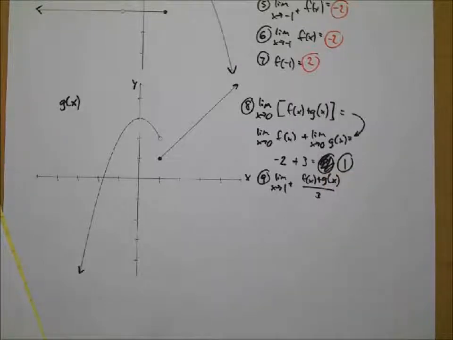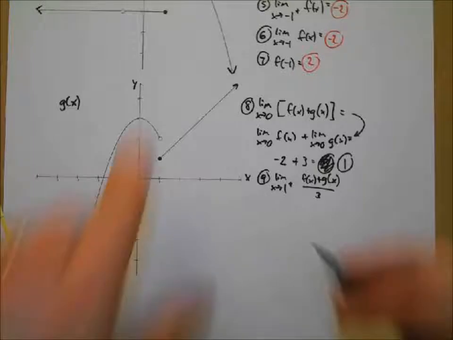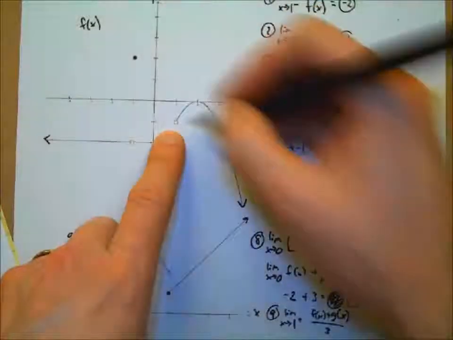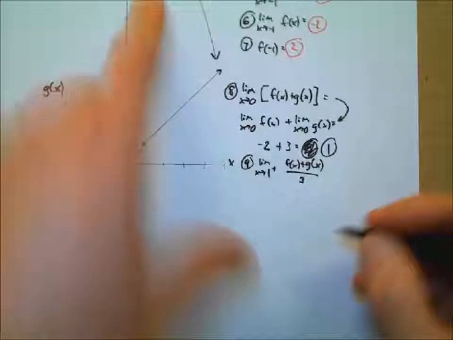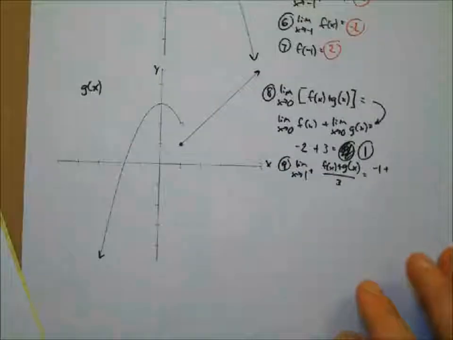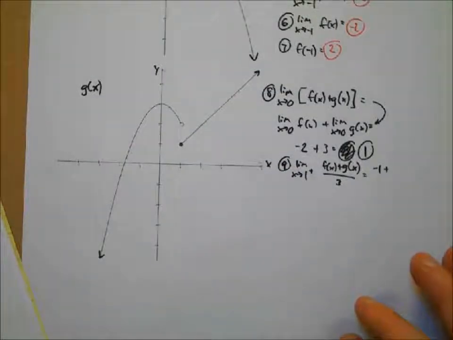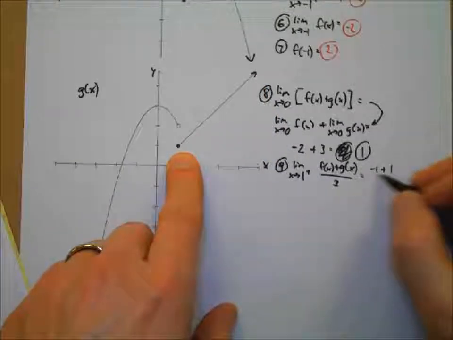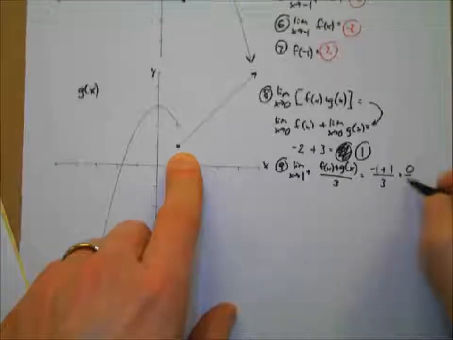So what is the limit as x approaches 1 from the right of f? It's -1, right? As we approach 1 from the right, we're coming along this curve, and it hits there, so -1. So this equals -1 plus, and what is the value of g as we approach 1 from the right? 1, right? As we approach 1 from the right here, we're now approaching a y value of 1, all over 3. So you get 0 over 3, or just 0.